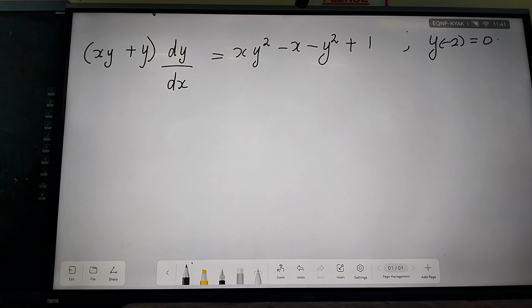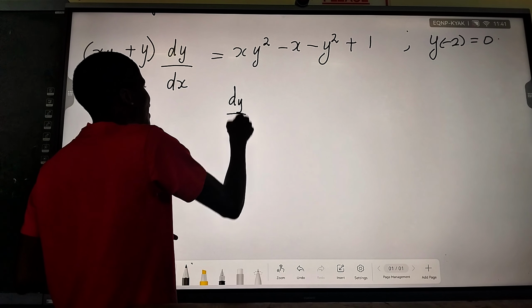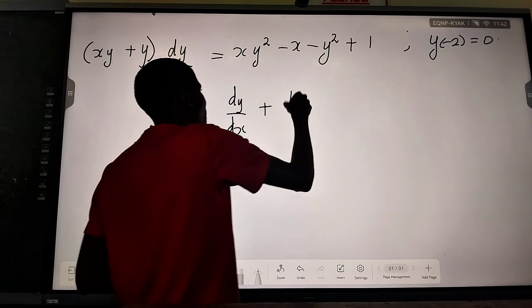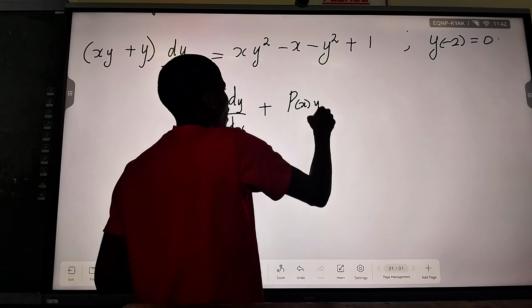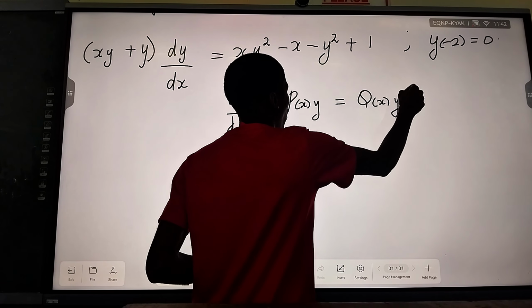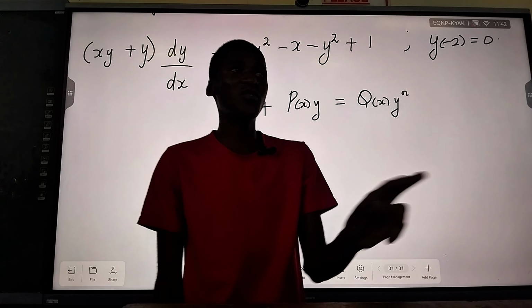But our format shows how full this is. Let's see, our Bernoulli equation format must have dy/dx multiplied by 1, plus some function p at x times y, equal to q at x times y to the power of n, whereby n is not 0 and not 1.